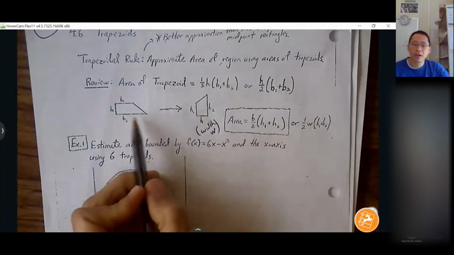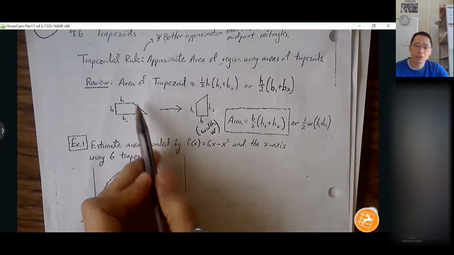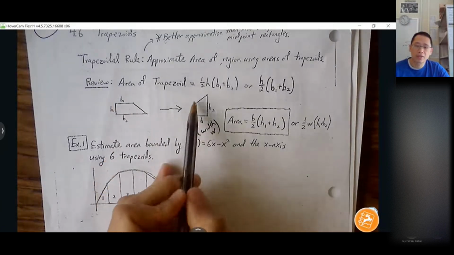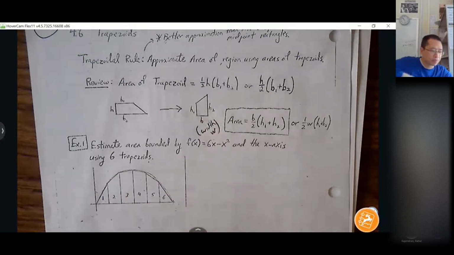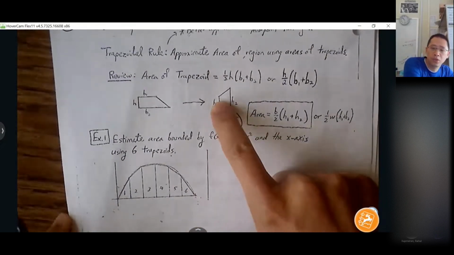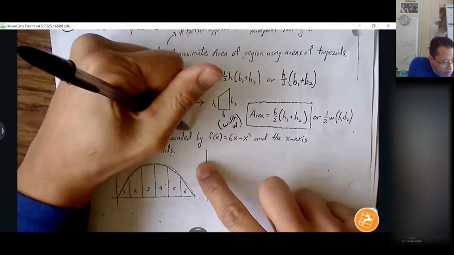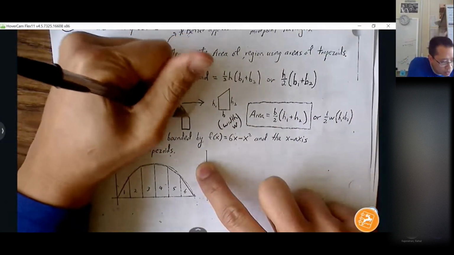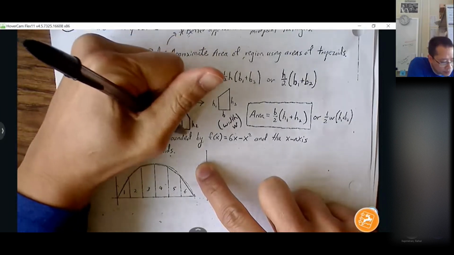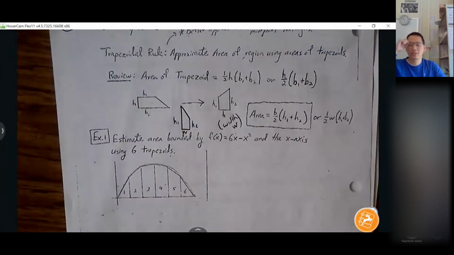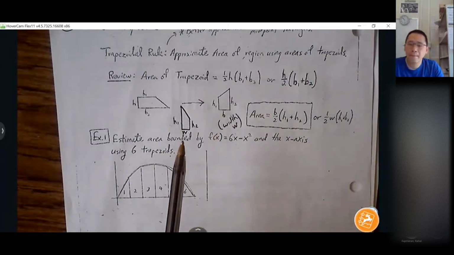And then instead of calling the horizontal parallel sides base 1 and base 2, if we flip it to the side, then it's the vertical components that are parallel. So we're going to call them h1 and h2. It'll either look like this with the top sloping up, or it may look like this with the top sloping down. Okay, either way, that's the orientation that we're going to be seeing our trapezoids in.